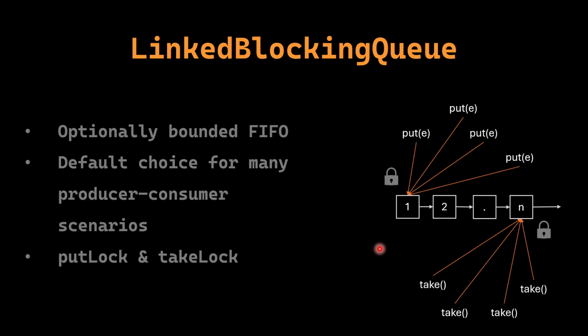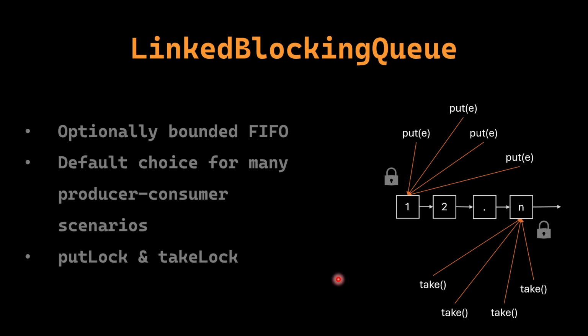LinkedBlockingQueue uses a clever two-lock design to maximize throughput. It has separate locks for put operations and take operations. This means producers can add elements concurrently with consumers removing elements with minimal contention.